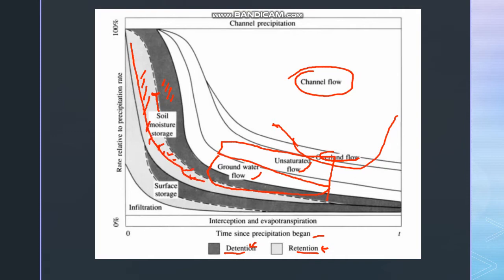Alright, so when we see this, we can understand how our source of stream flow behaves accordingly.